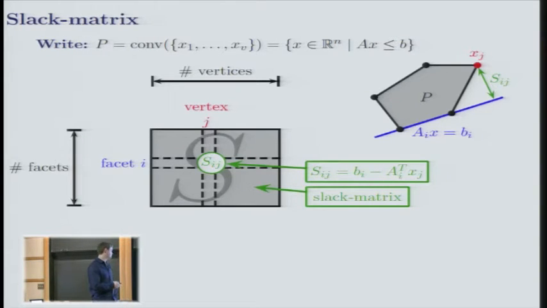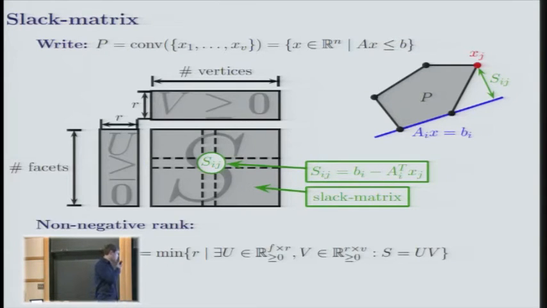Now it has to be a non-negative matrix by definition. And one thing which is very important in this context is the so-called non-negative rank. The non-negative rank of a slack matrix is the smallest number of columns of a matrix U and rows of a matrix V, so that you can factor your matrix as U times V. And the important thing is that both factors, U and V, have to be non-negative.